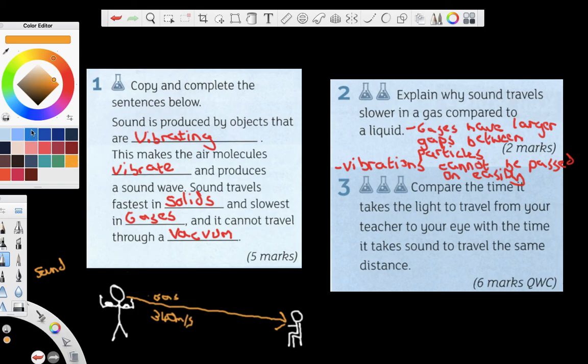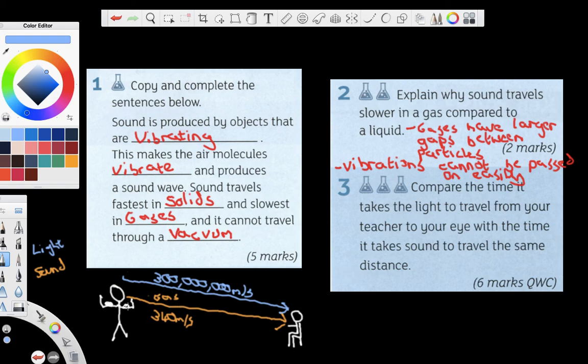If we're talking about light, light travels at 300 million meters per second. So the light that is bouncing off me is travelling at 300 million meters per second.